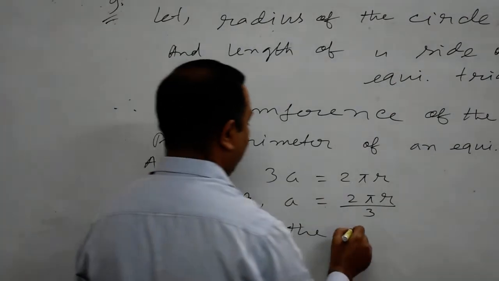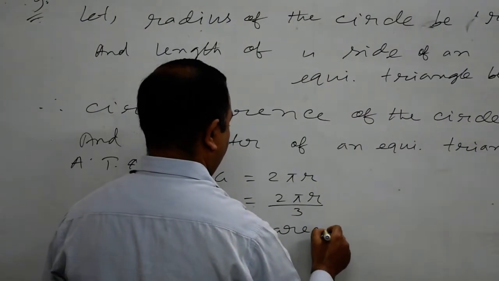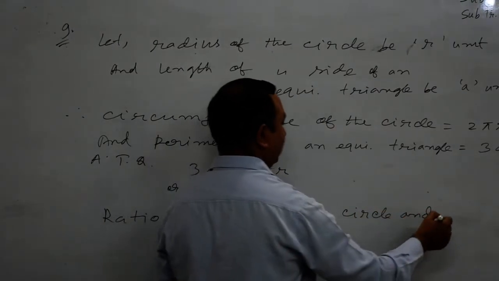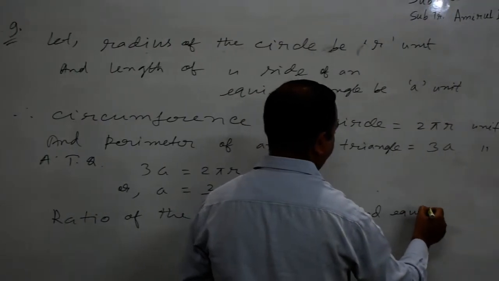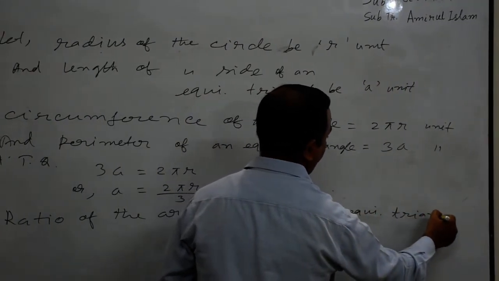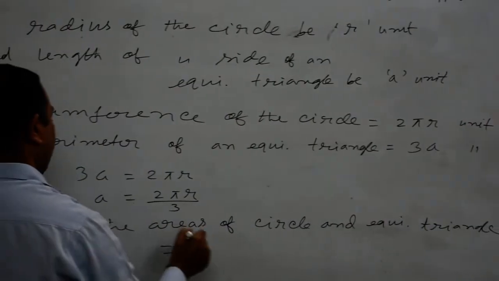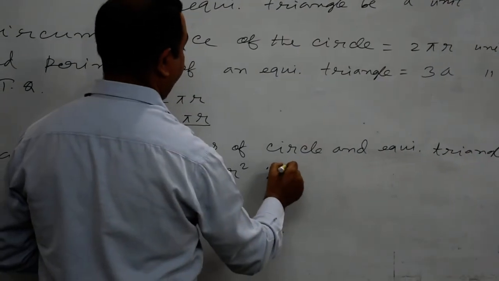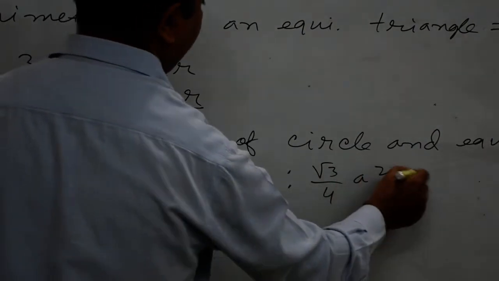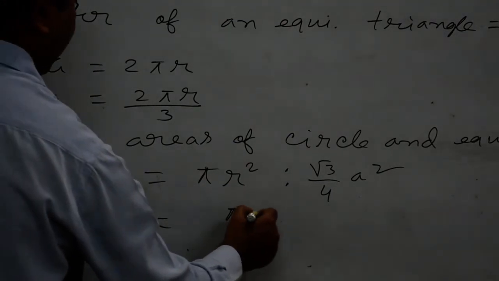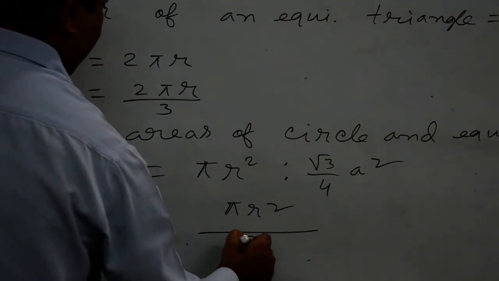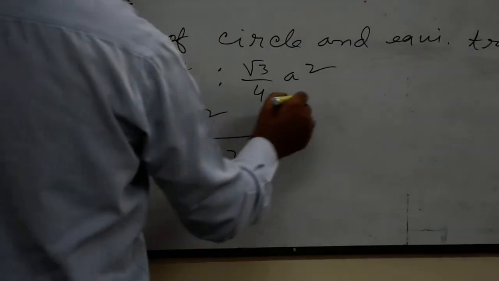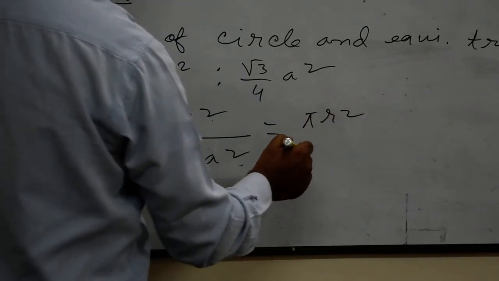Ratio of the areas of circle and equilateral triangle. Just directly writing: formula for area of the circle is pi r square, and formula for area of the equilateral triangle is root 3 by 4 a square. For simplifying, you can write it this way: pi r square over root 3 by 4 a square.